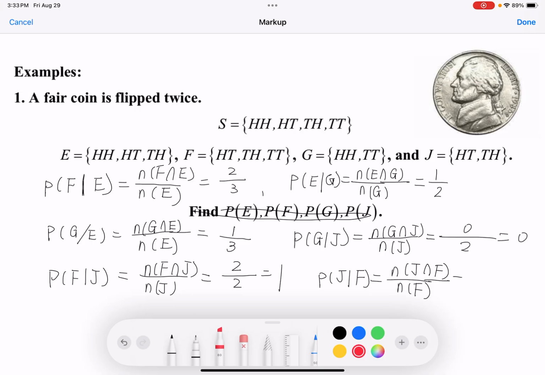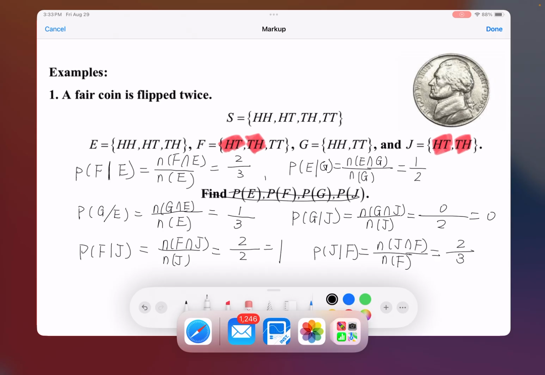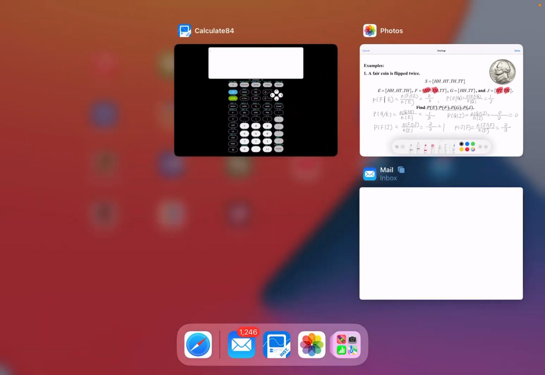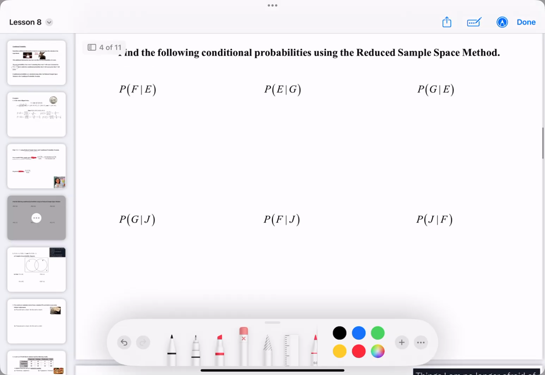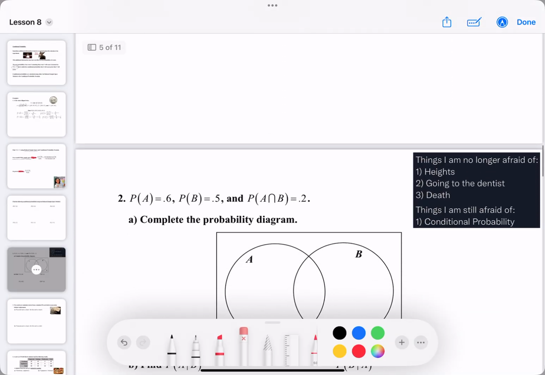J and F. HT, HT, TH, TH. So on the top we have 2 elements. The F has 3, so the probability is 2 over 3. Okay, let's go back to the lecture notes. We solved all of these 6 probabilities.